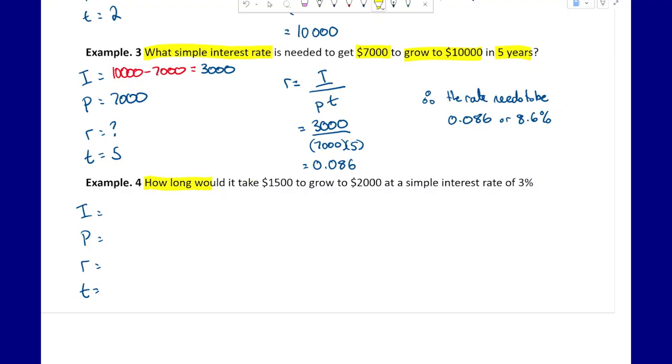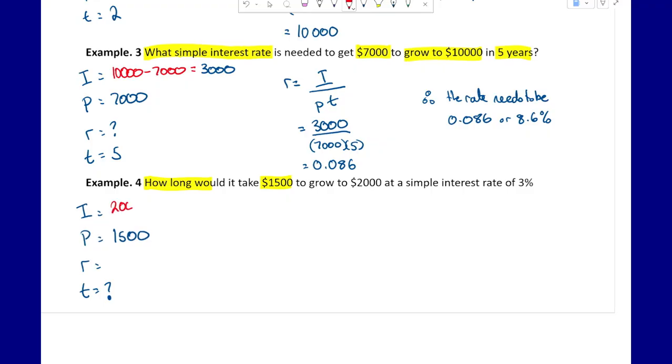The question is how long, so that means time, and we don't have that value. The $1,500 is our principal, what we're starting with. We want it to grow to $2,000.